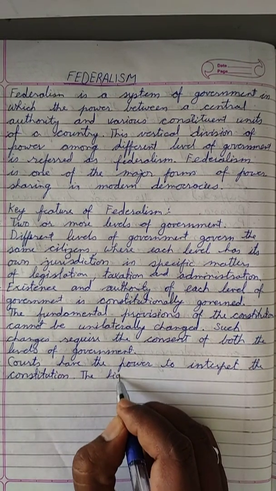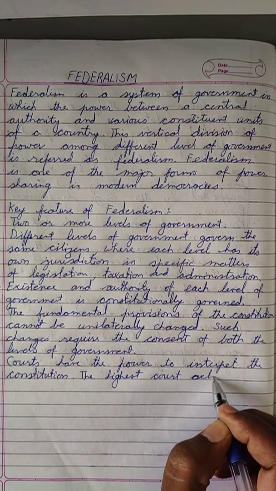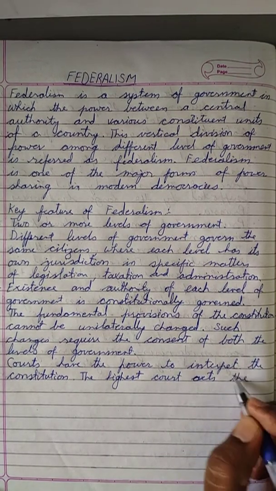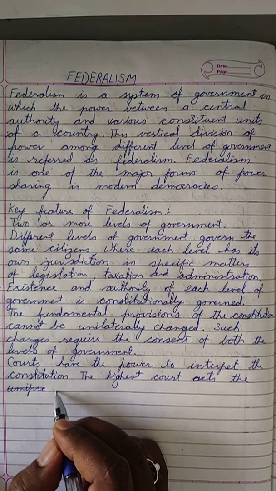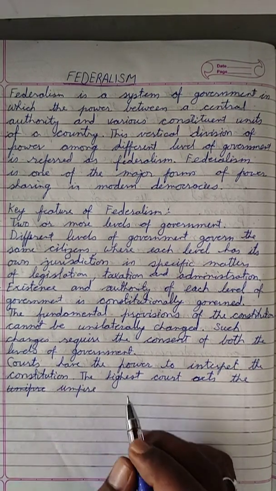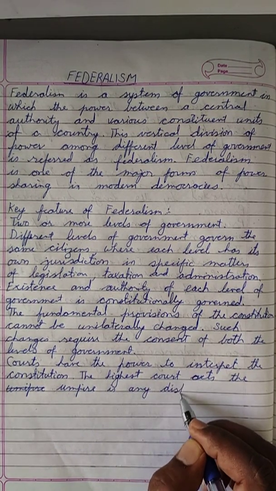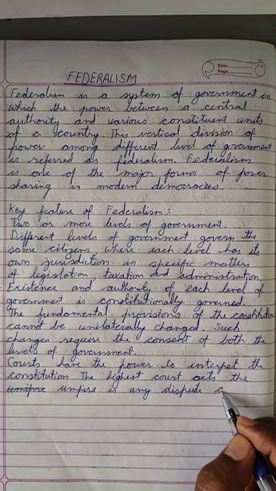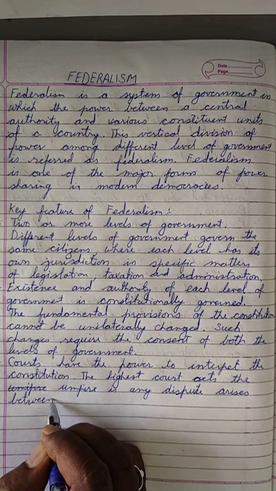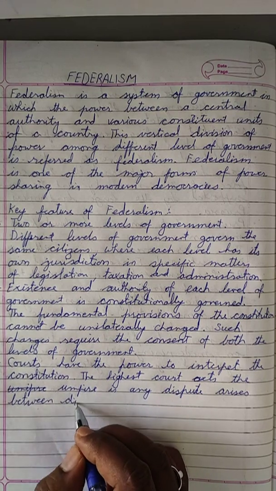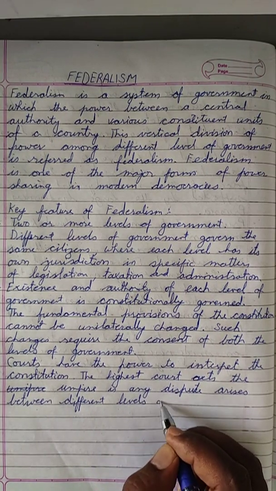The highest court acts as the umpire if any disputes arise between different levels of government.